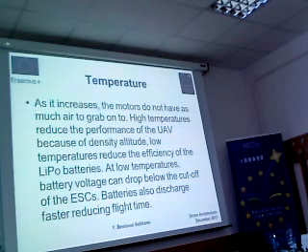For example, at low temperatures, the battery voltage can drop below the cutoff, and the batteries also discharge faster, reducing the flight time. But if the temperature is increasing, the discharge will be slower, so it will be cooling.